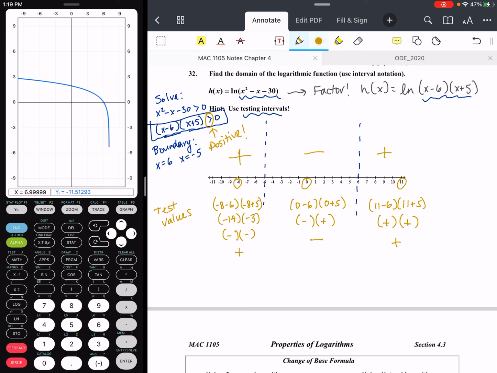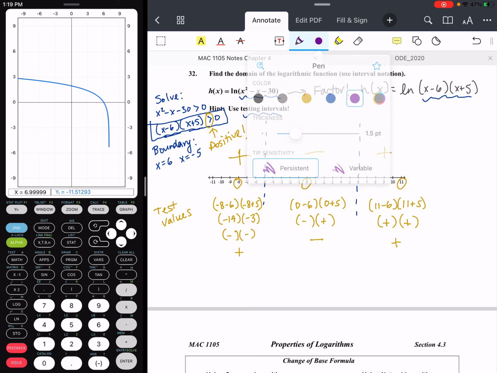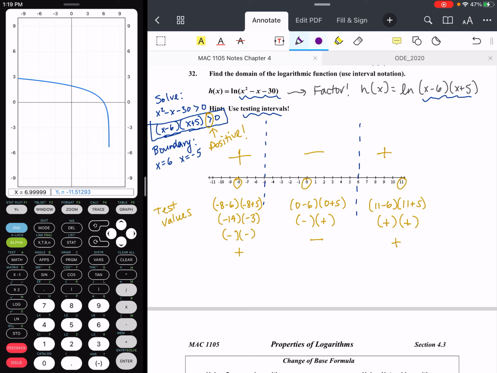Okay, so how do we express our final answer? We've got positive, negative, positive. We're looking for our positive results, so I want to represent this interval and this interval in my domain. The far left interval is negative infinity up to negative 5, rounded parenthesis. Remember, we have that strict greater than inequality.